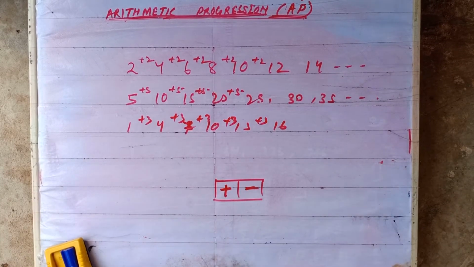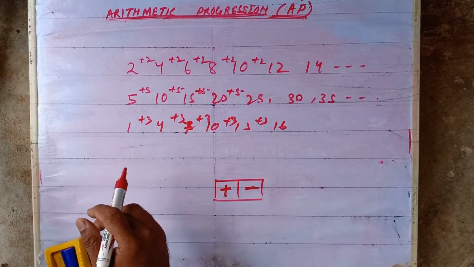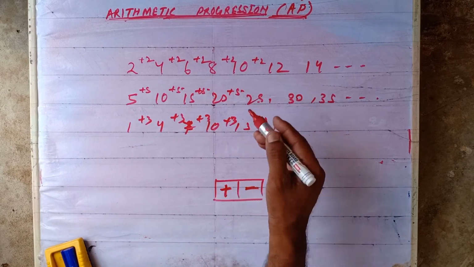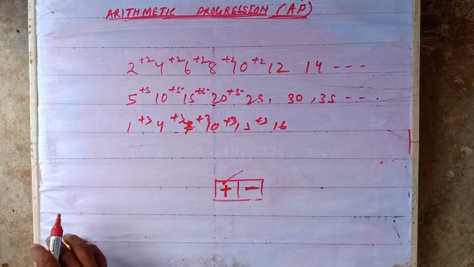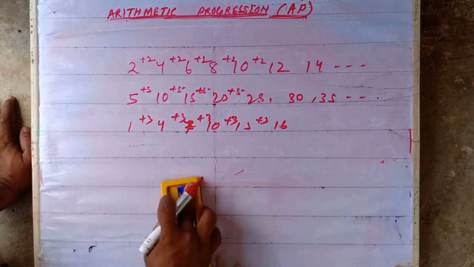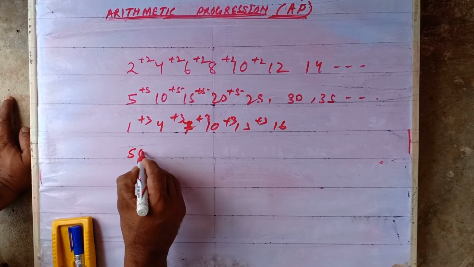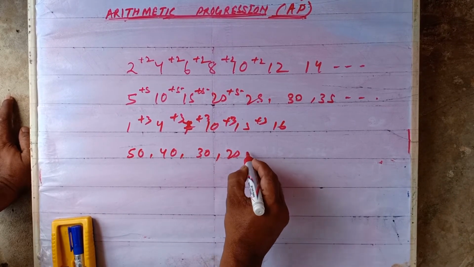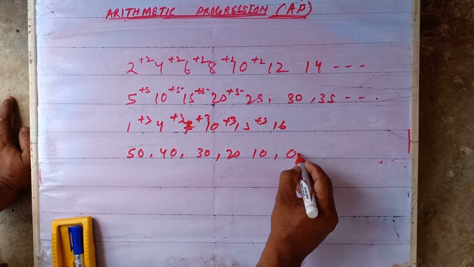Sir, a question might come to your mind: is it only increasing, or can it also be decreasing? Increase means plus, but what does decreasing mean? Suppose I write a sequence: 50, 40, 30, 20, 10, 0, minus 10.